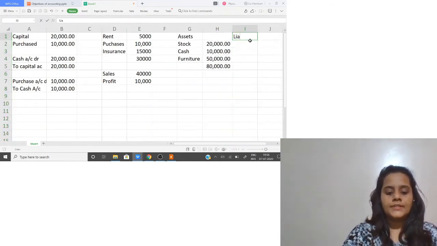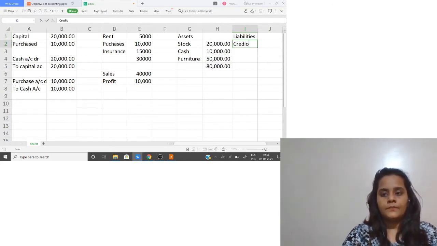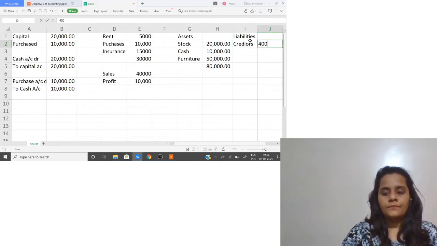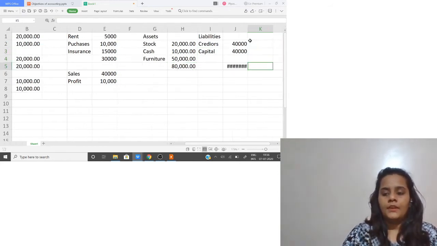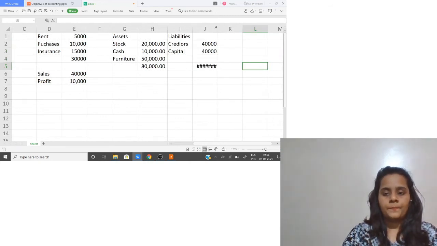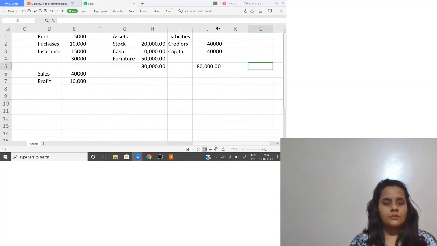Now, because of these assets, I have a liability, say creditors of 40,000, and capital of 40,000. So my total liability will be 80,000 rupees. So this is a balance sheet that we prepare in accounting.